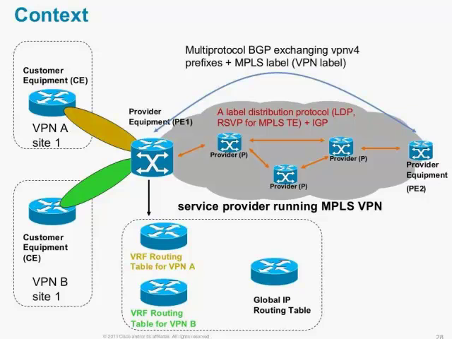So if a PE device were to use only the VPN label received via BGP, the intermediate provider devices, because they don't have any knowledge about the customer prefixes, may end up dropping the packet. So what do we do?